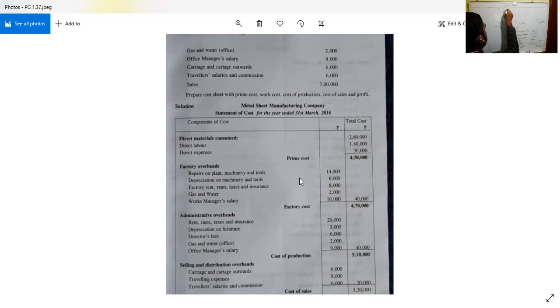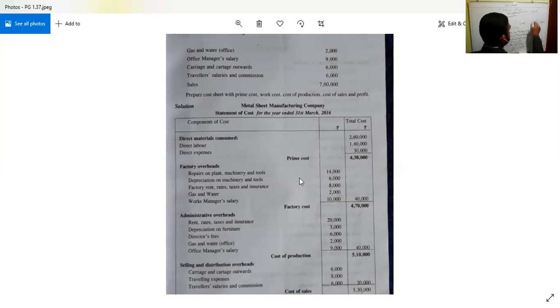Add administration overheads. Rent, rates, taxes and insurance, how much is the amount? 20,000. Then depreciation on furniture, office furniture. Here it is considered as office furniture.